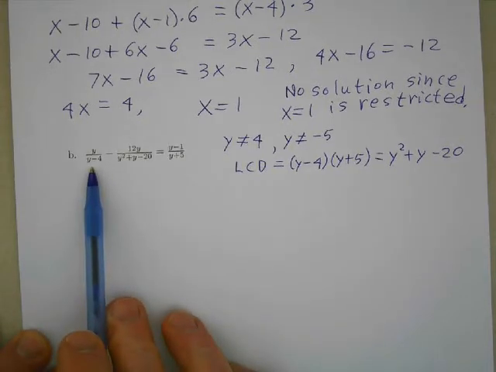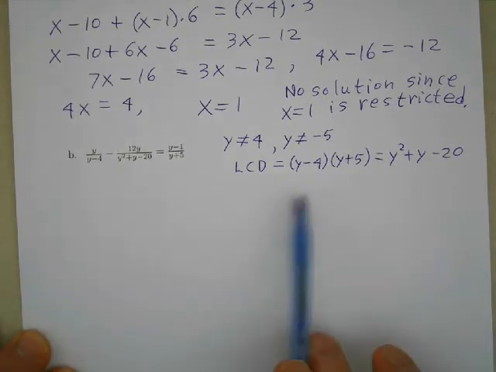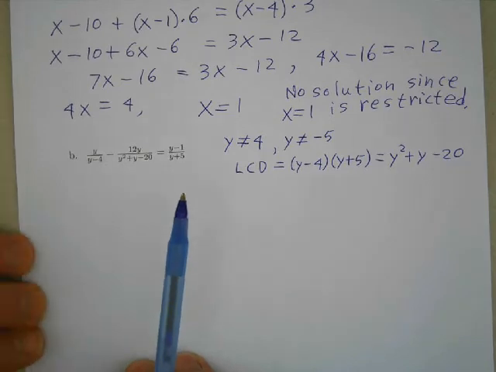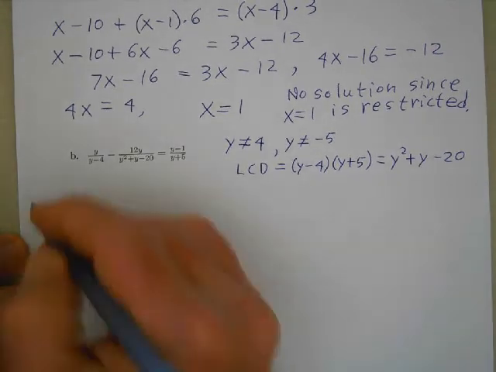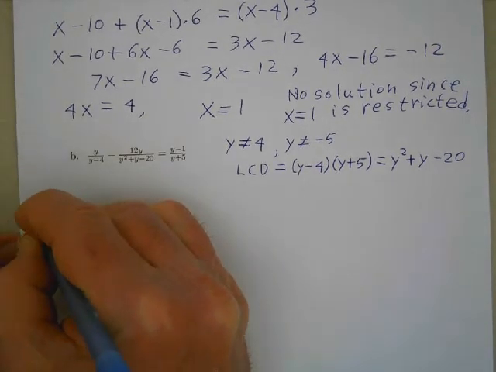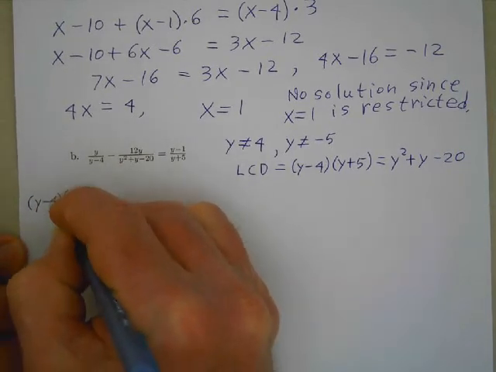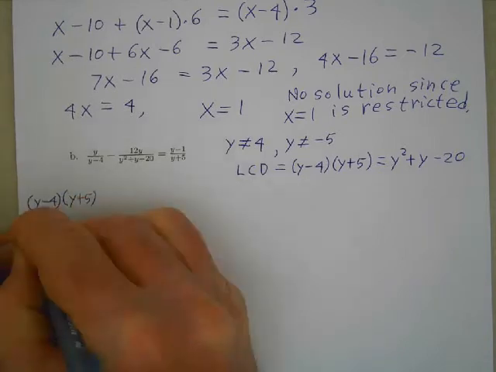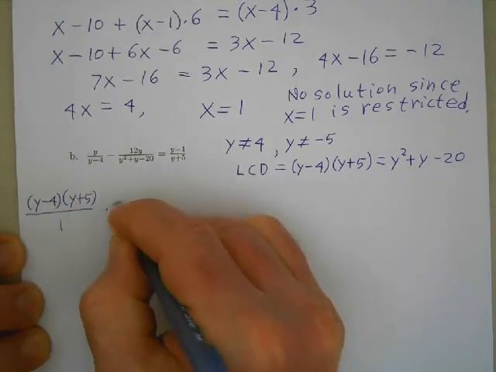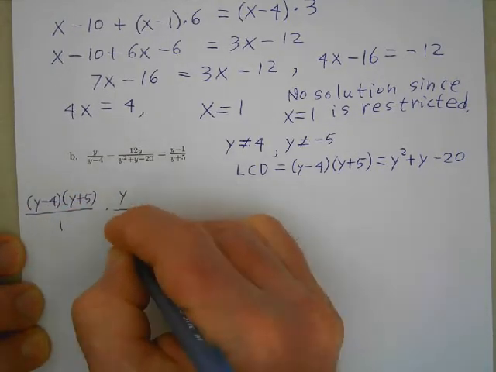When we multiply y over y minus 4 by the least common denominator, it's more convenient, in my opinion, to write the least common denominator in factored form. So y minus 4 times y plus 5 over 1 times y over y minus 4.